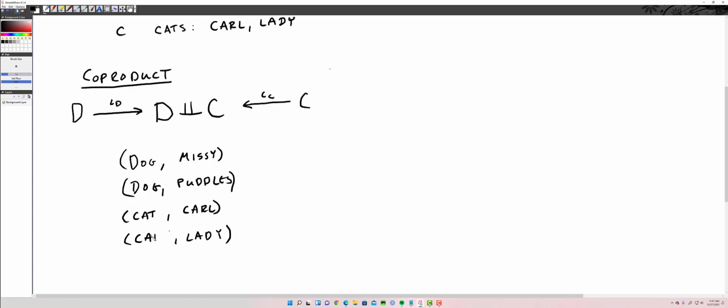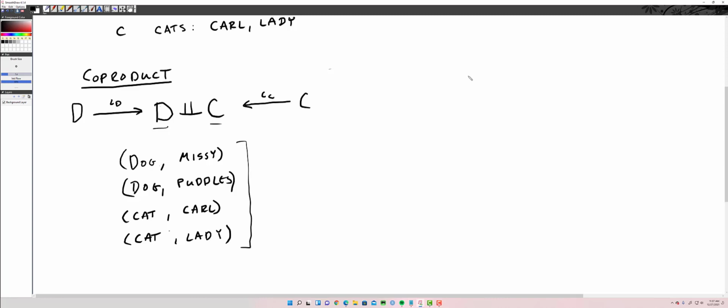And here's our co-product. It's these four items. We've basically just taken an inventory of the dogs and the cats that we have. We've got Missy and Puddles, who are dogs. We've got Carl and Lady, who are cats.